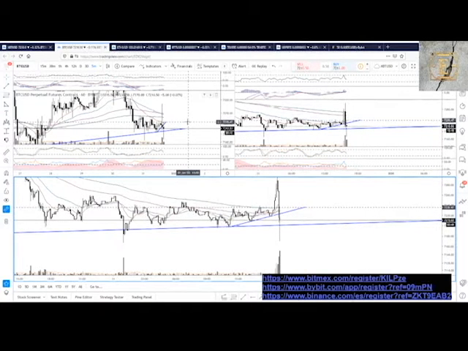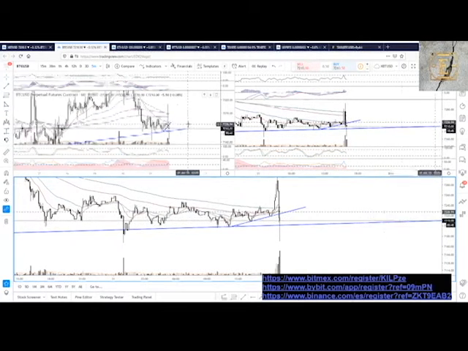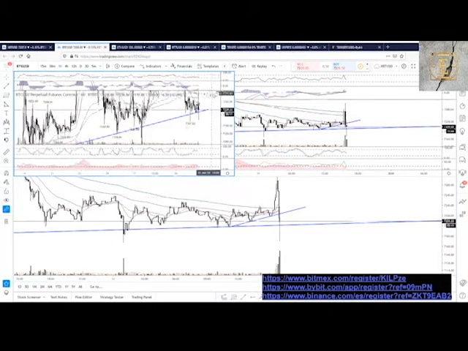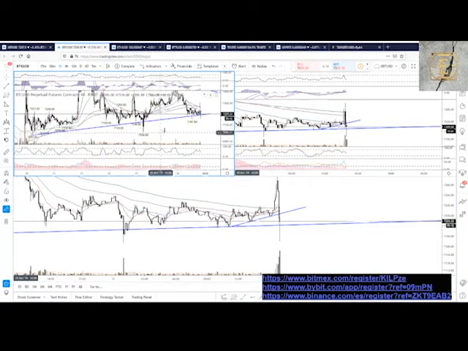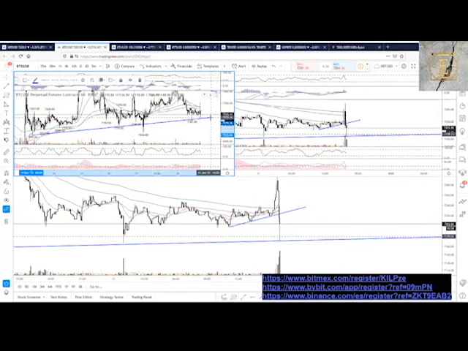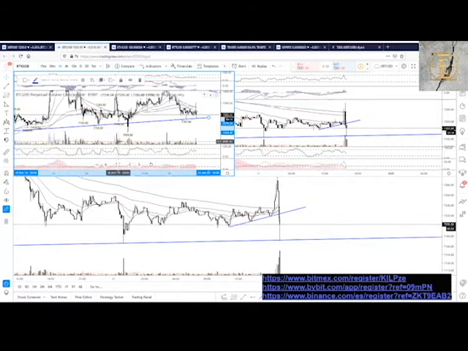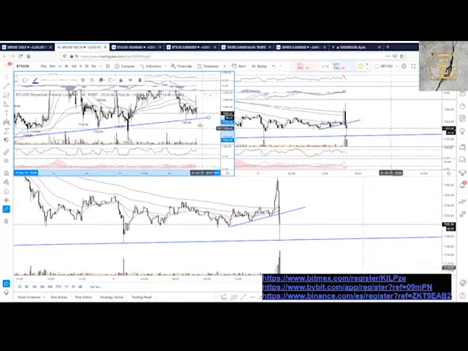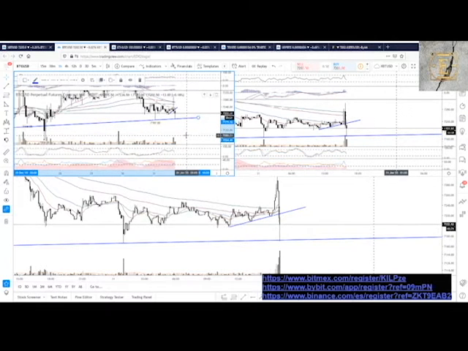Okay, same rejection again here. Trying this trend line. Yes, this is this trend line. Can we consider this as a double bottom? I don't think so. This was a quick reaction, but it's again below.